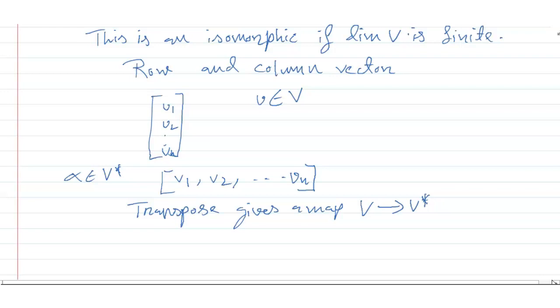So in fact, row vectors are linear functionals and column vectors are vectors, and the relationship between them is essentially transposes. You can take a column vector and get a row vector by applying transpose.